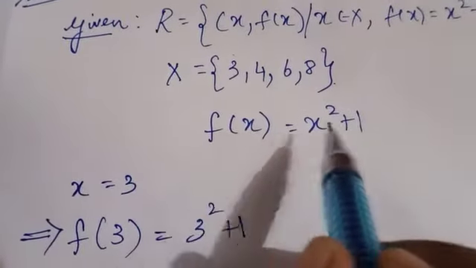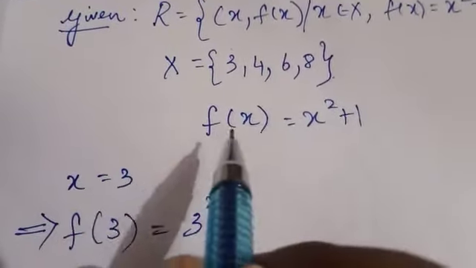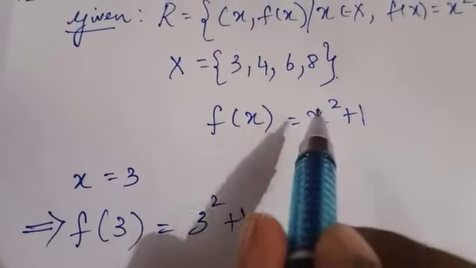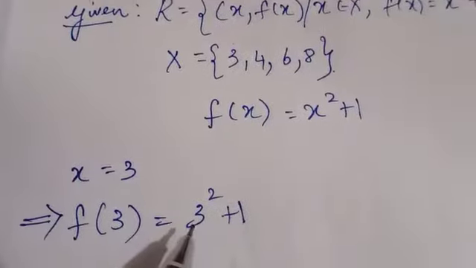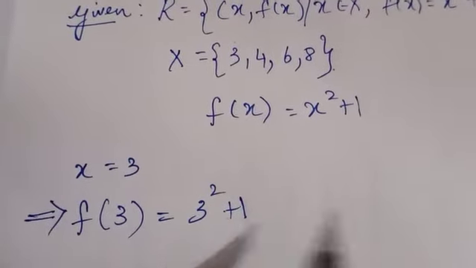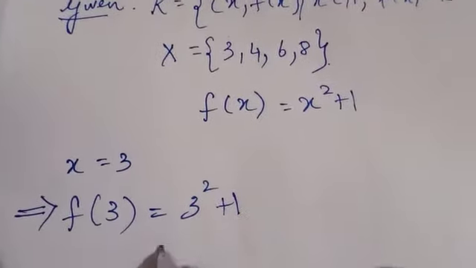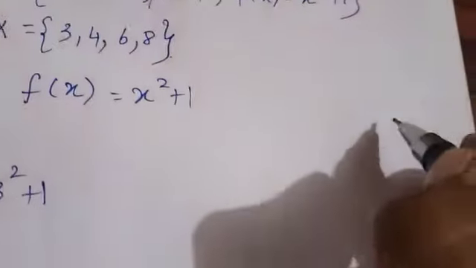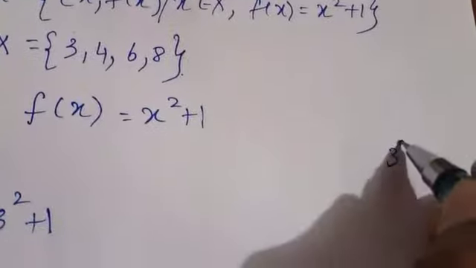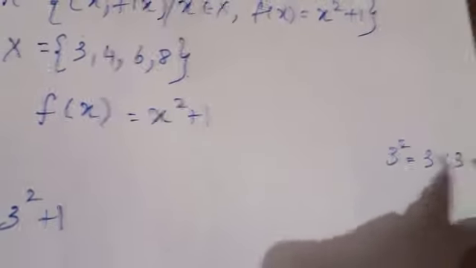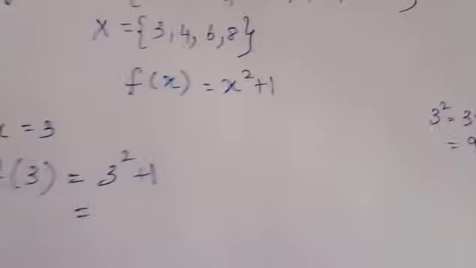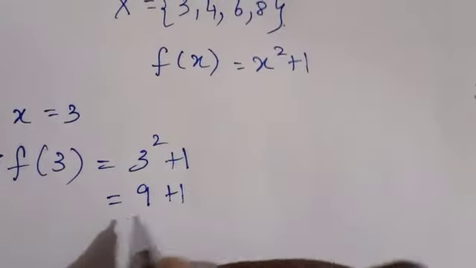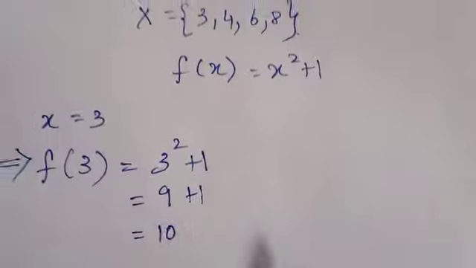So f(3) is equal to, in the place of x I have substituted 3, so 3² + 1. So what is 3 square? 3 square is nothing but 3 into 3. So 3 3s are 9. So 9 plus 1 is 10.